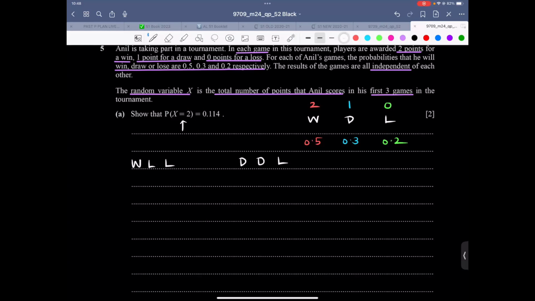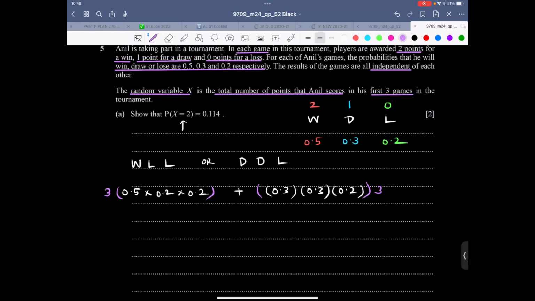Now, first of all, I'll write it down. Win is 0.5, loss is 0.2, loss is 0.2, or this option, that is 0.3 into 0.3 into 0.2. But don't forget that you have to multiply this by 3 also. How come?